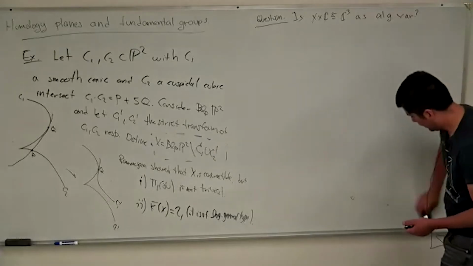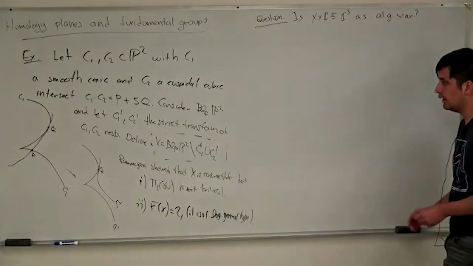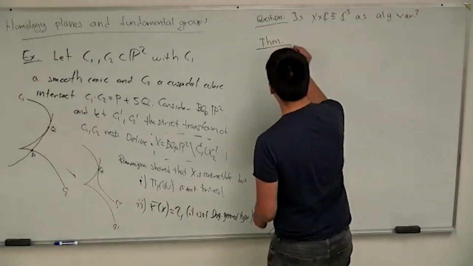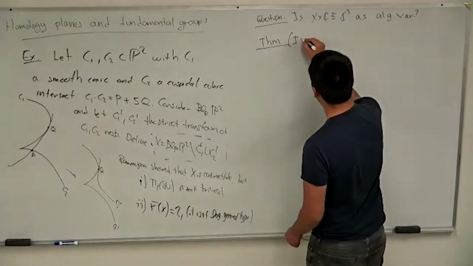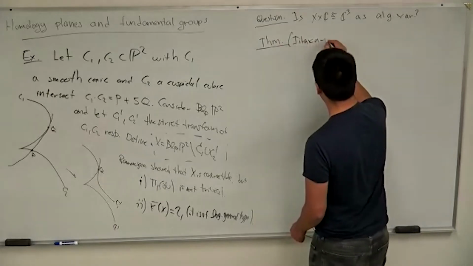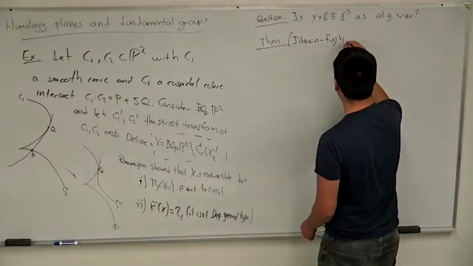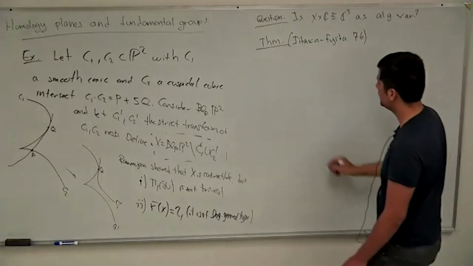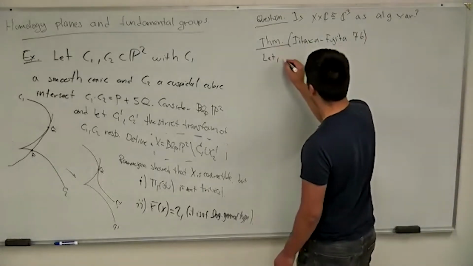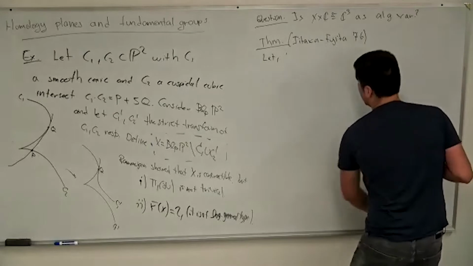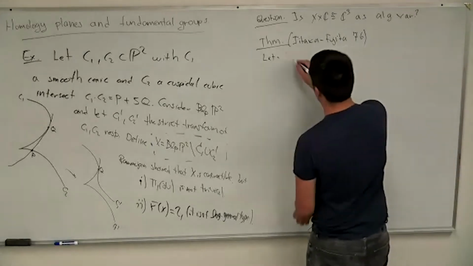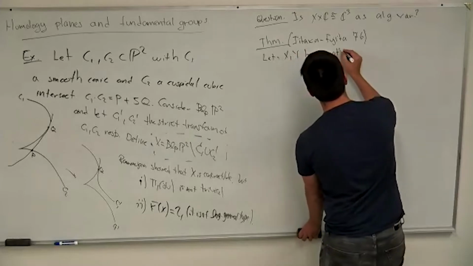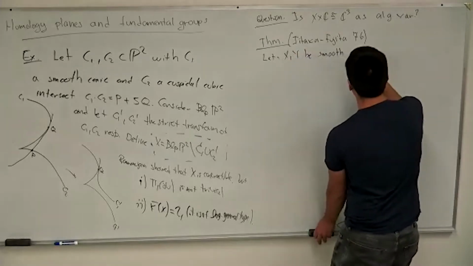And now we enter with some theorems on cancellation properties. So let me make a theorem of Iitaka and Fujita. This was around 76. That says the following. Let X and Y be smooth affine surfaces.